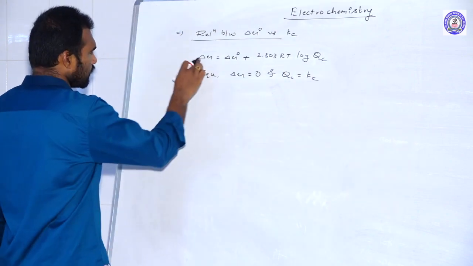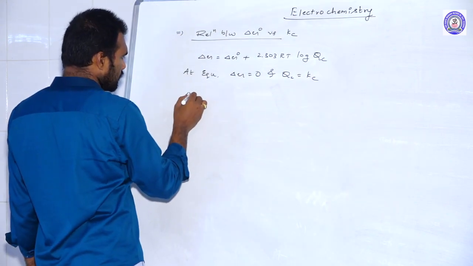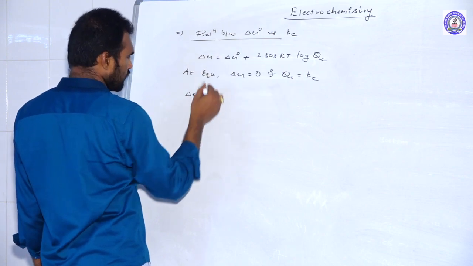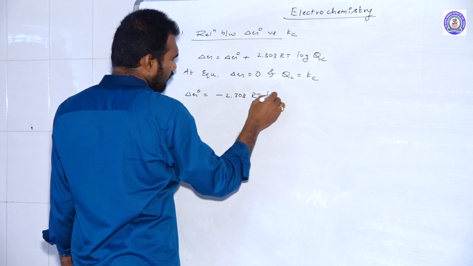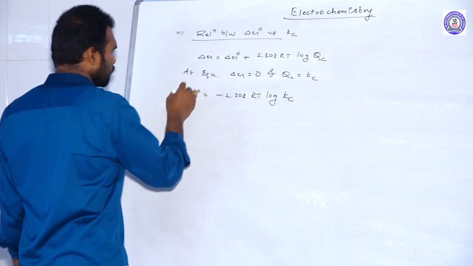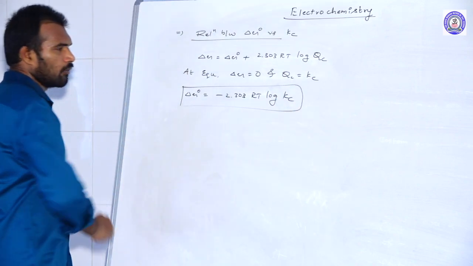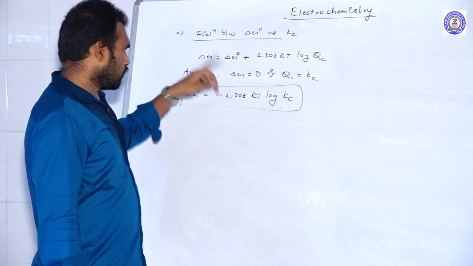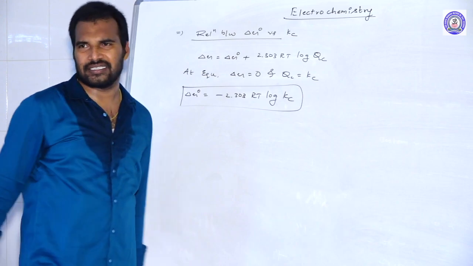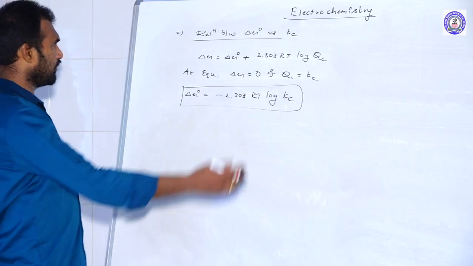If we substitute that 0, then del G naught is equal to, bringing this to this side, minus 2.303 RT log Kc. By using this formula, you can calculate del G naught from Kc, and if you modify it, you can also easily calculate the Kc value from del G naught. This is one relation.